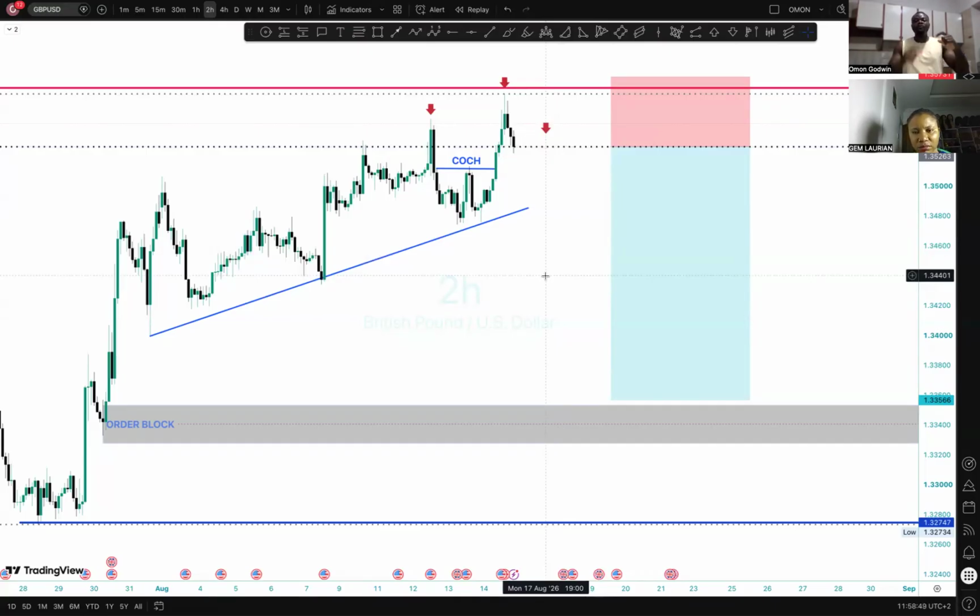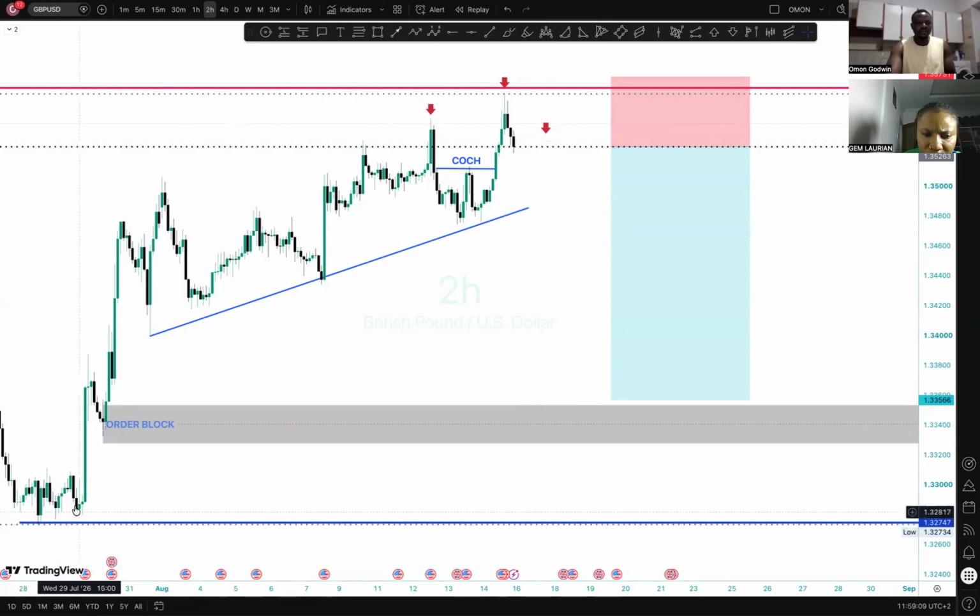Also, you can find it between your major resistance and your major support. Like this one, I find it between our major active support and our major active resistance.